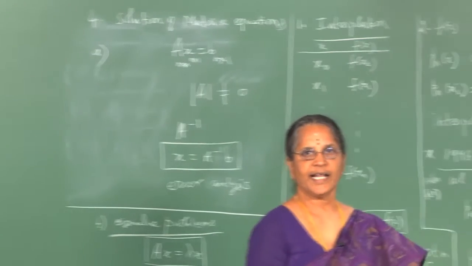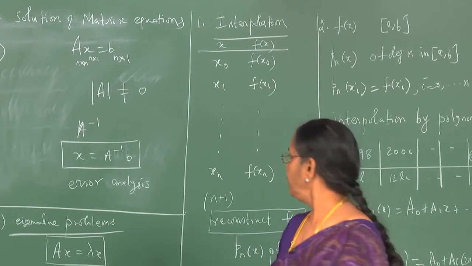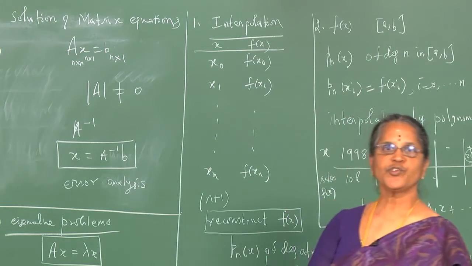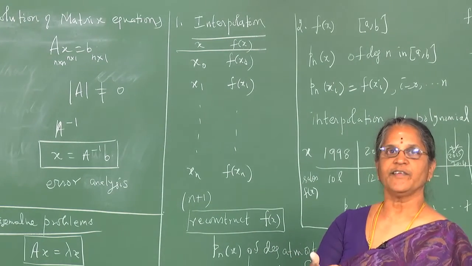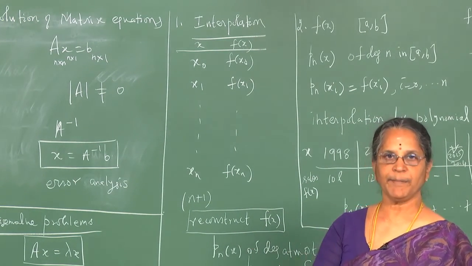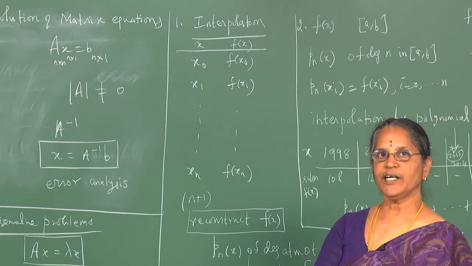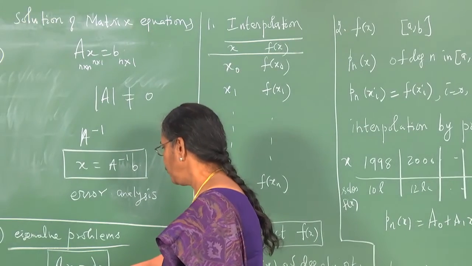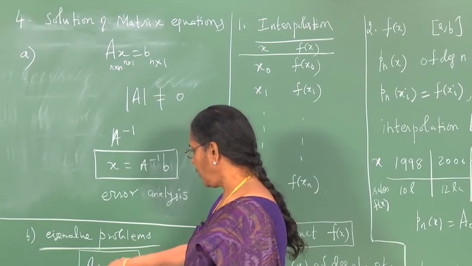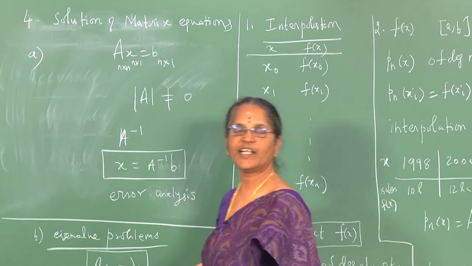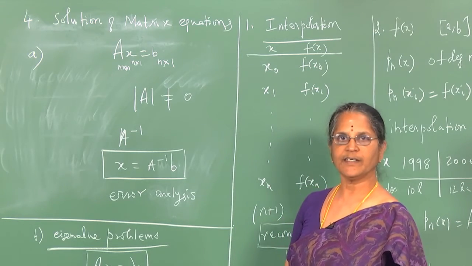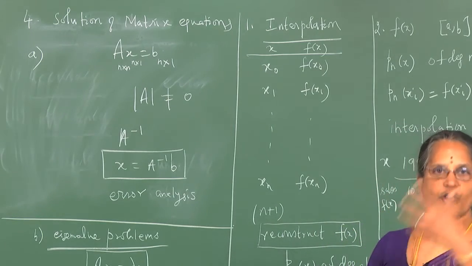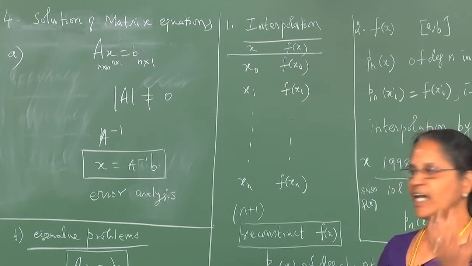This is called an eigenvalue problem, and we will look at numerical methods for computing the most dominant eigenvalue, because that is very important in many applications. So, our numerical method will enable us to compute the most dominant eigenvalue lambda and the corresponding non-zero eigenvector x such that Ax is equal to lambda x. We will also be focusing on some results which will give us the location of all the eigenvalues.